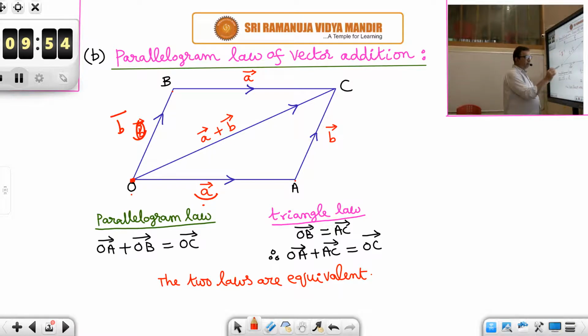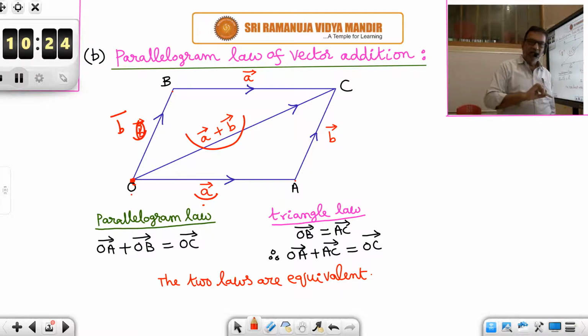Now with OA and OB as adjacent sides, you complete a parallelogram. Draw a parallelogram OACB such that OA and OB are two adjacent sides. Then the diagonal passing through O, that is OC bar, will represent a bar plus b bar. So a bar, b bar are adjacent sides of a parallelogram.